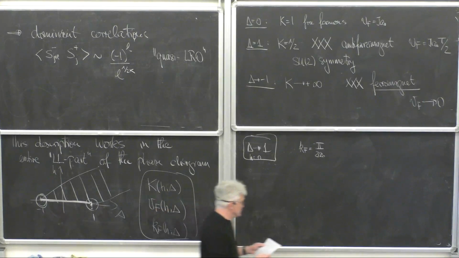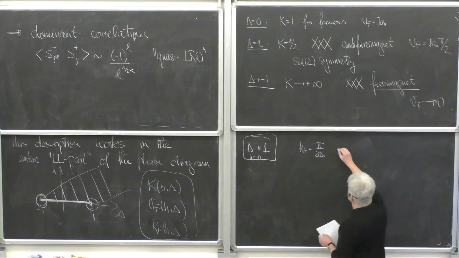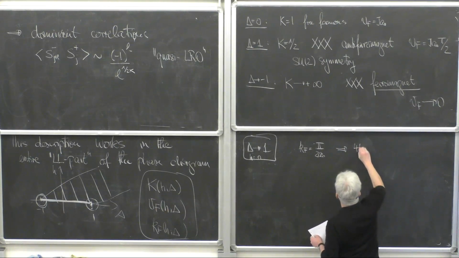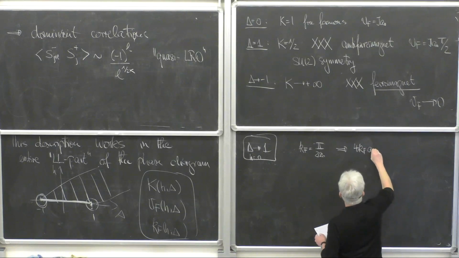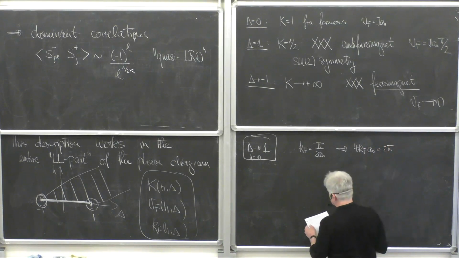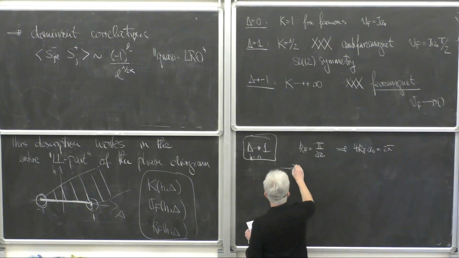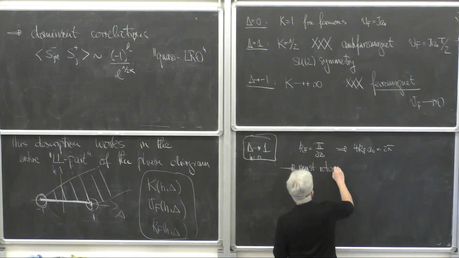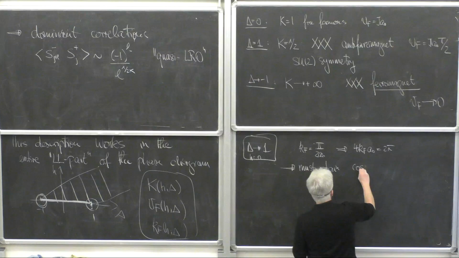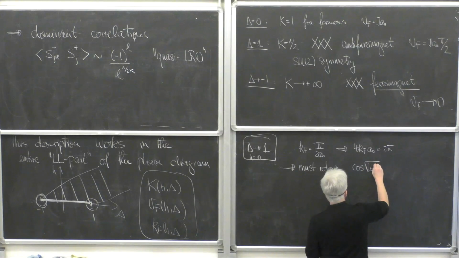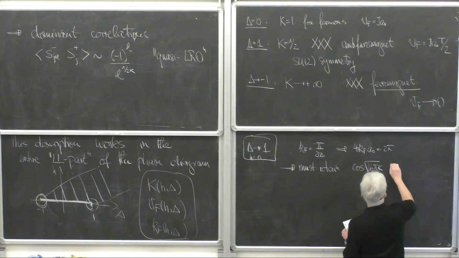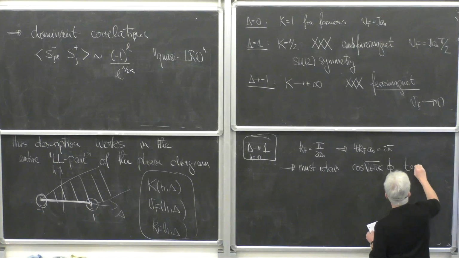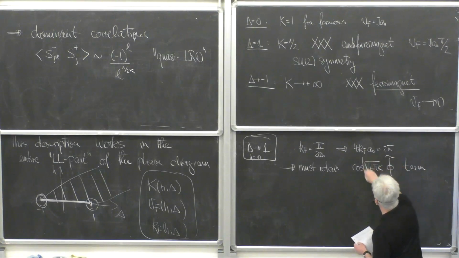Okay, so now let's write it down. This tells us that 4kFa0 is 2 pi. And this tells us we must retain the cosine of square root of 16 pi K phi term, or phi tilde.